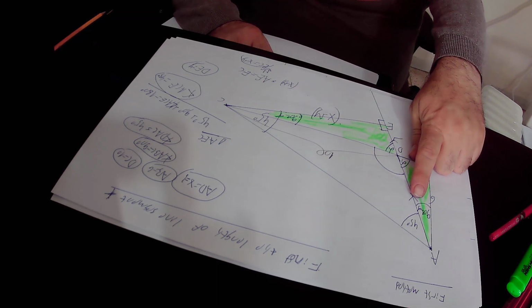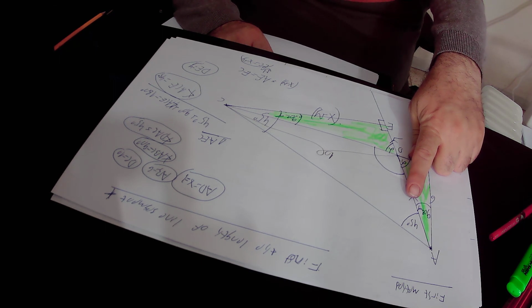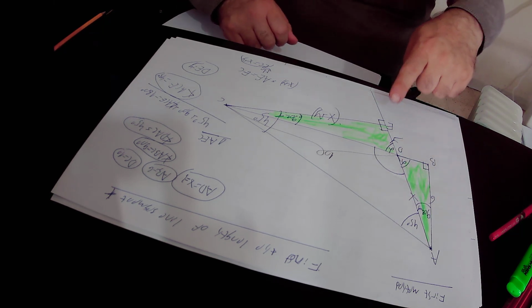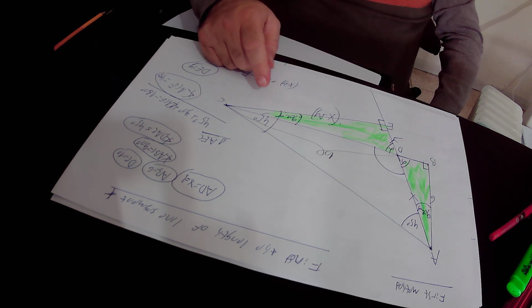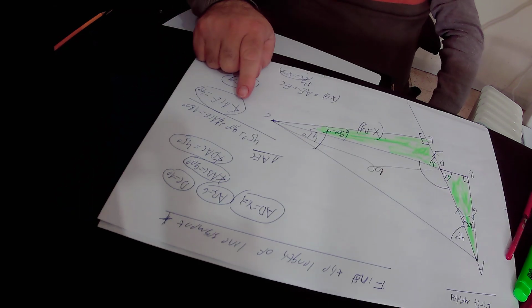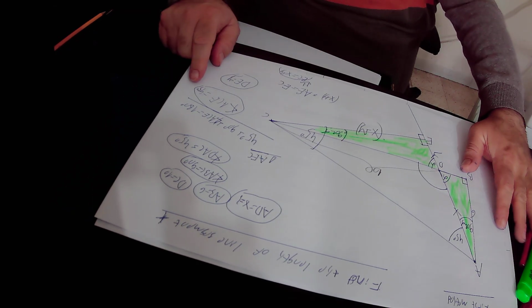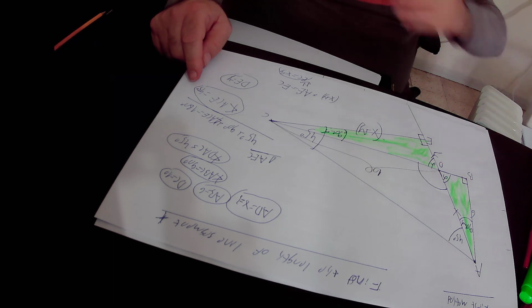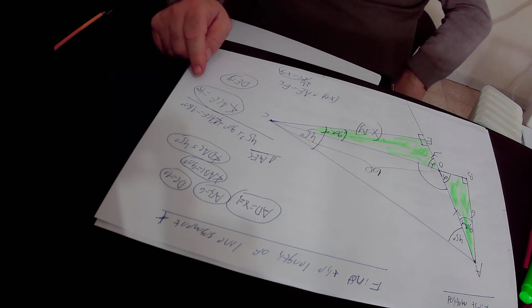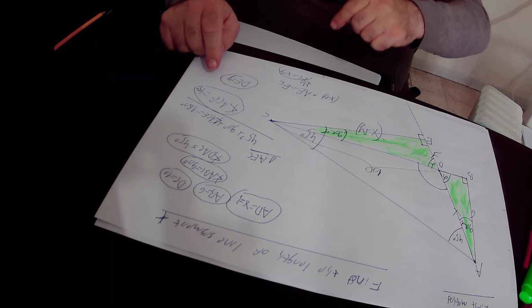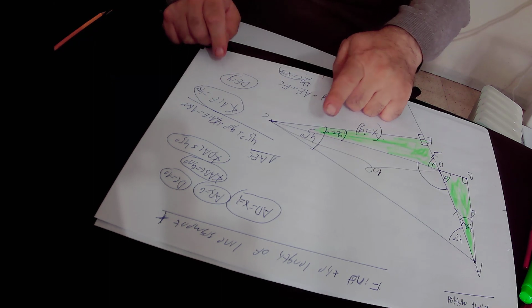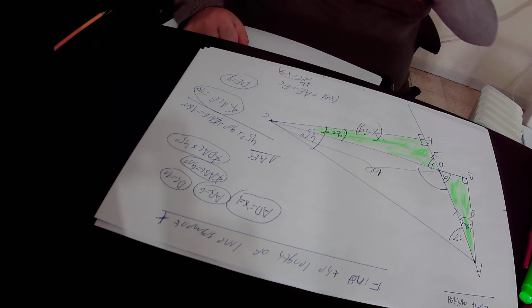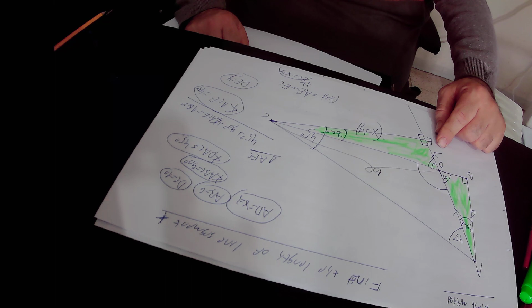We have here 45 degrees, 90 degrees, and the missing angle is angle ACE. We subtracted 135 degrees from this equation, and we found that angle ACE equals 45 degrees.